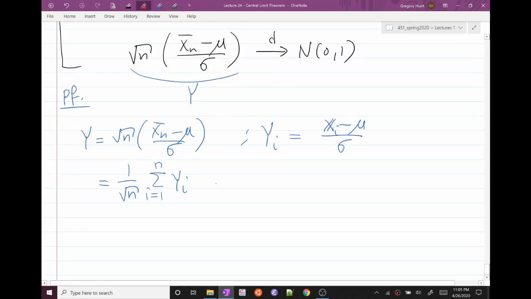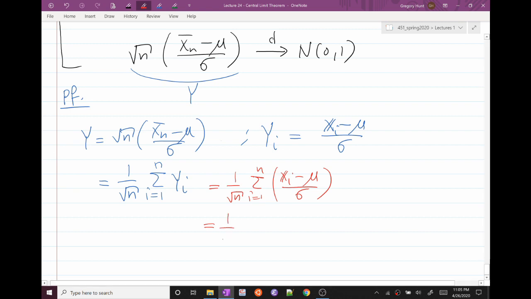And you can convince yourself of that because 1 over root n, sum i goes 1 to n of (x sub i minus mu) over sigma. So that's what the sum of the y sub i's are. And if I multiply, well, we can expand it out, right?